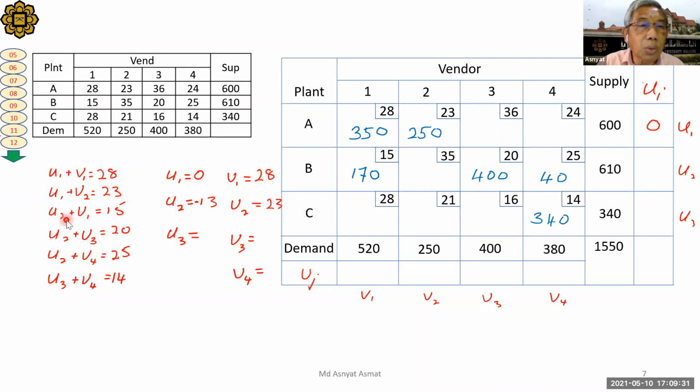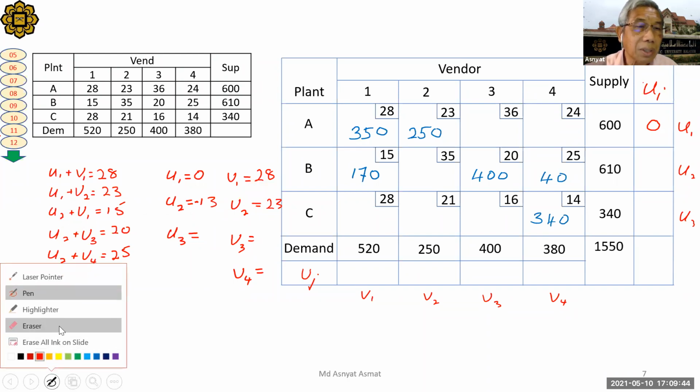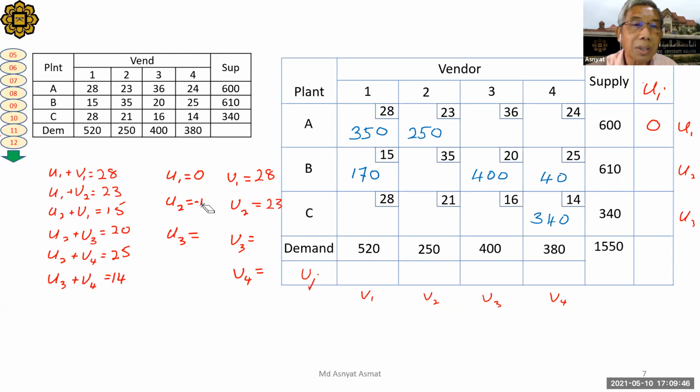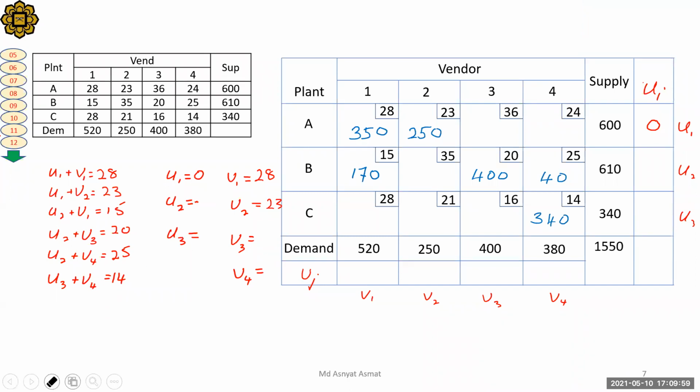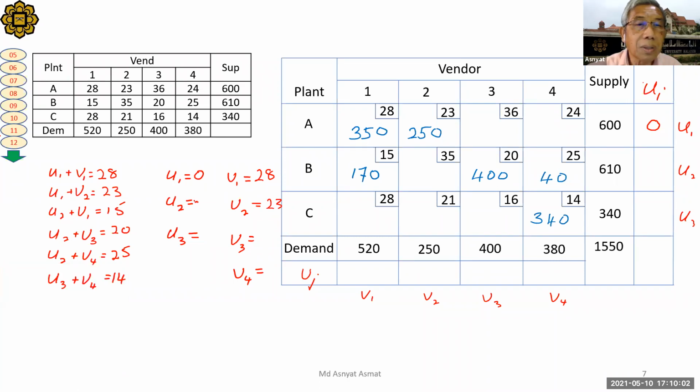Can we find U2? U2 should be negative 12. Sister says 12, right? I think it's negative 13. Negative 13, it was right. So negative 13.